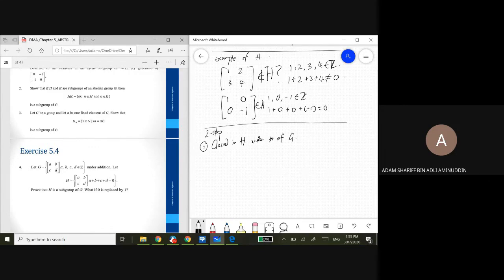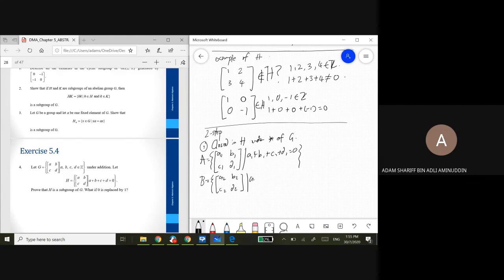Okay, for this case, you must add up the matrices. This time you have two matrices. The first is matrix A: A1, B1, C1, D1. The condition is that A1 plus B1 plus C1 plus D1 must be 0. This is its condition. The second matrix is A2, B2, C2, D2.